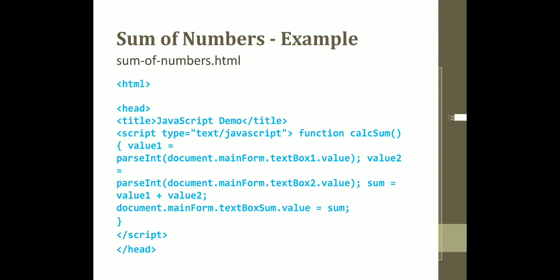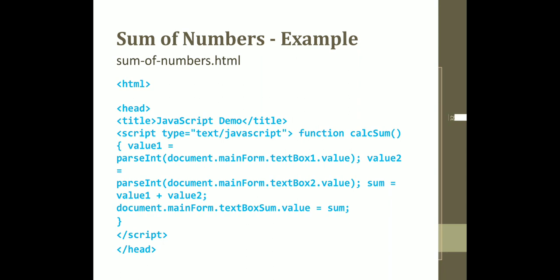Then the sum of numbers. The sum of numbers example with JavaScript we will see for revision. We have added the script in the head section, and we have used value1 equals parseInt of document.mainform.textbox.value, and value2 equals parseInt of document.mainform.textbox2.value.